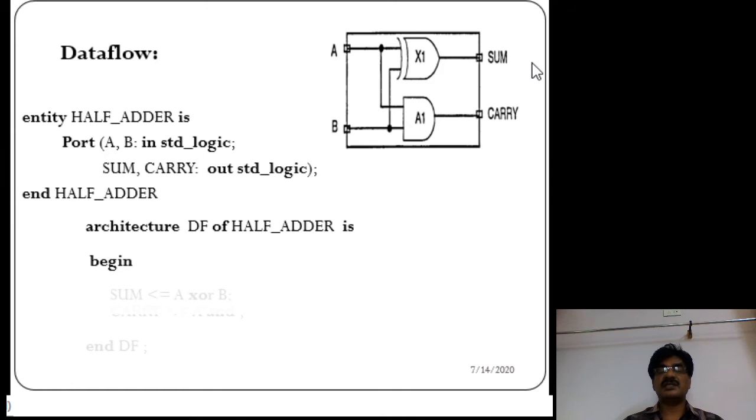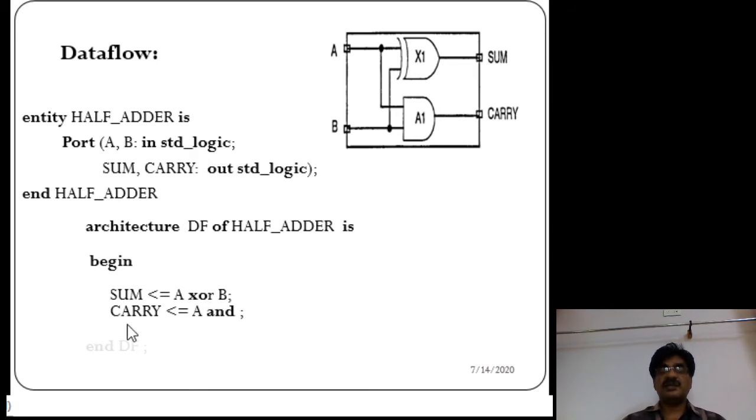The Boolean equation for sum is A XOR B, whereas for carry it is A and B. Now coming to the signal assignment statement, for sum it is sum <= A XOR B. Similarly for carry, carry <= A and B. So the appearance is like Boolean equations.